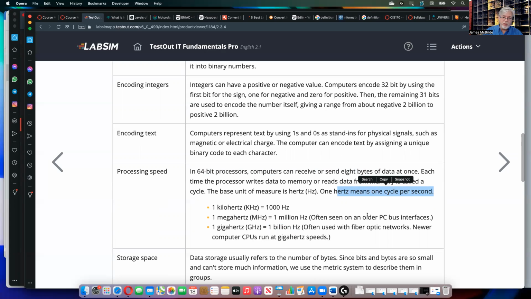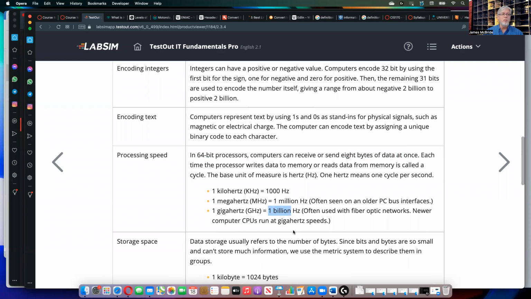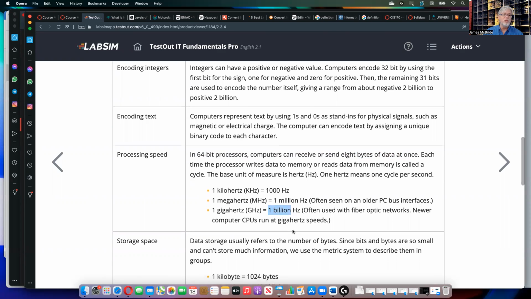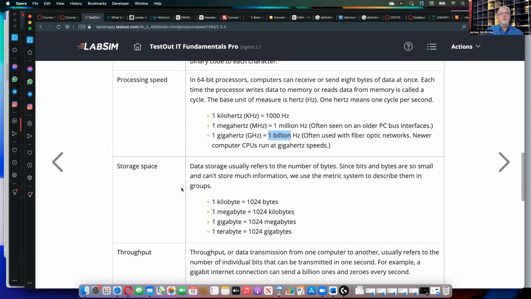So we're doing billions of cycles per second, and we can chuck in, right, in a 64-bit processor, 8 bytes, and then times that by billion, right? That's how much your processor can process if it's just doing a 1 gigahertz process, which phones are like 1.2s between that and 1.7s.